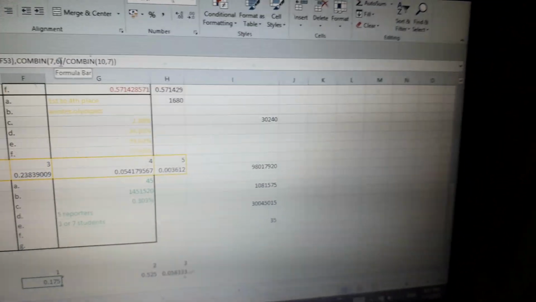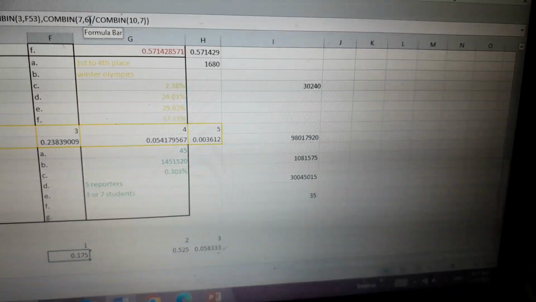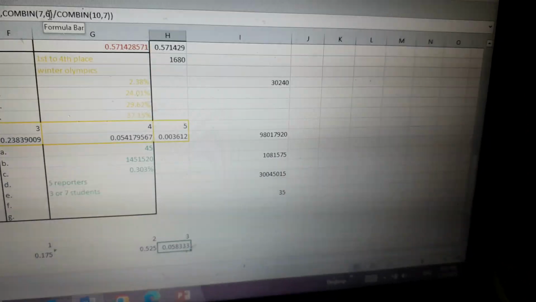So that's supposed to be 7C5, and that should be your answer. At this one, it should be 7C4, because if this is 3C3, this is supposed to be 7C4. That's the answer. And then you sum up all the probabilities together because it says at least 1.